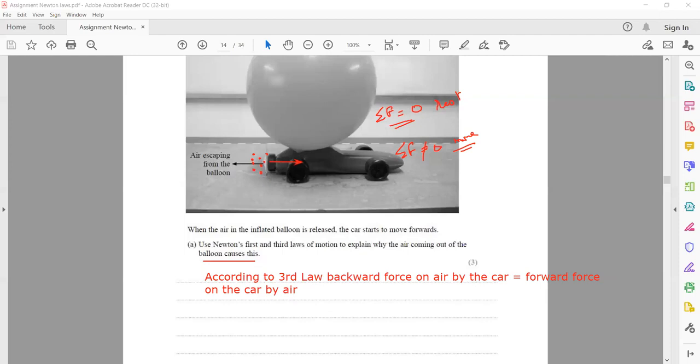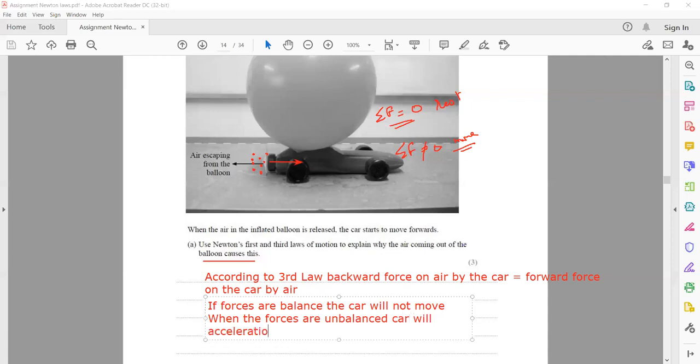Then the second point, if forces are balanced, the car will not move, and when the forces are unbalanced, the car will accelerate.